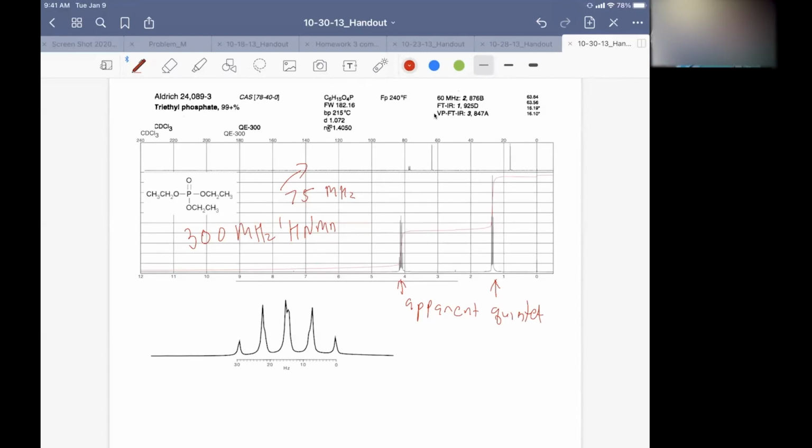Might this be a doublet of quartets? Ah, yeah. So it's a doublet of quartets. And Franco, can you explain how you see it as a doublet of quartets?